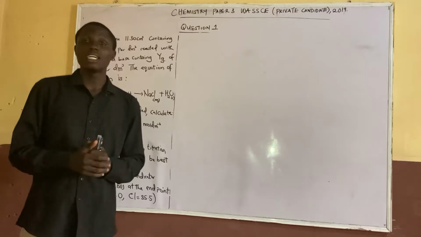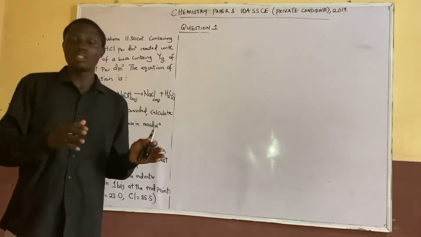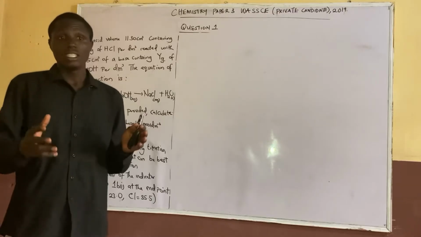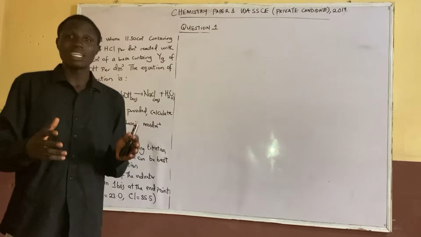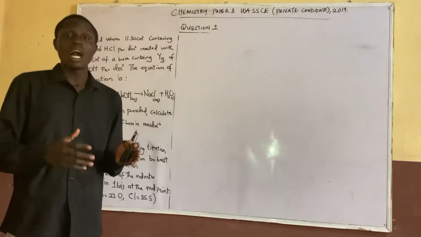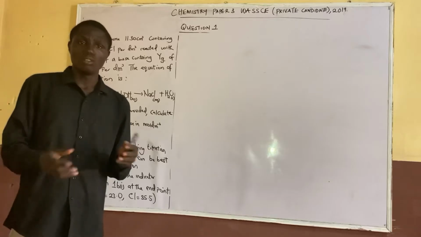Here is the 2019 practical, which is not really a practical, but we call it alternative to practicals. They give us information of a practical that has been done in the laboratory, and we have to solve the theoretical aspect of the practical.